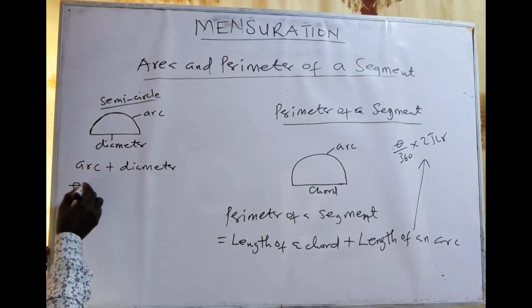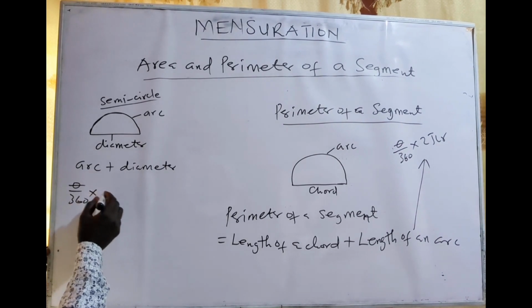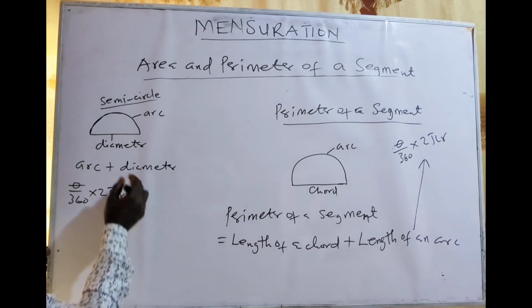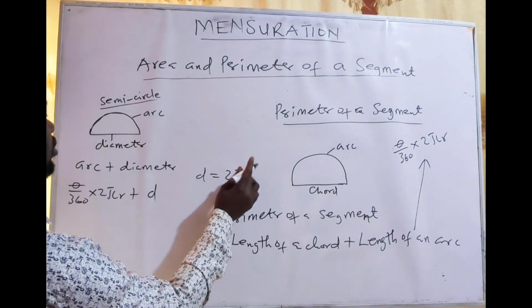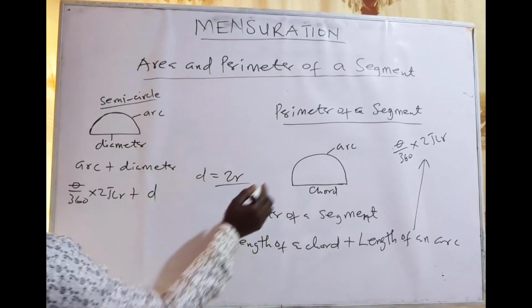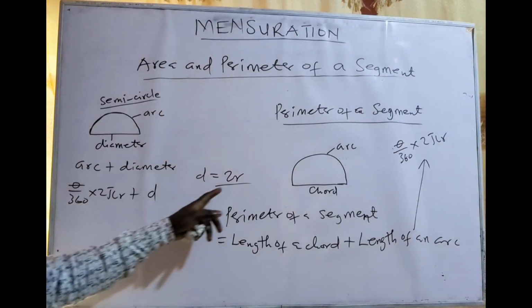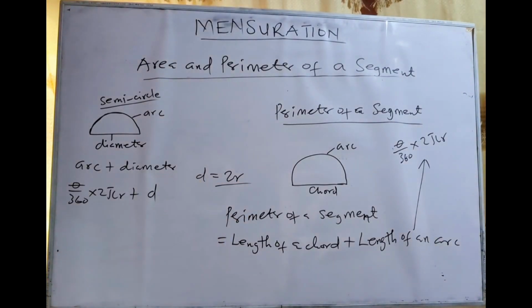The length of an arc is theta on 360 times 2 pi r, and the diameter is 2r. So when you are given the radius, you multiply 2 by the radius and that is the diameter.